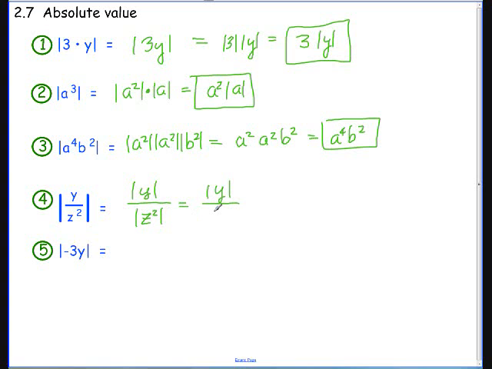It's always going to be positive because it is squared. So I can do this. And this last one could be written as the absolute value of negative 3 times the absolute value of y. What is the absolute value of negative 3? That's right, it's 3. And the y, we cannot remove the absolute value symbols because it may be that y is negative.